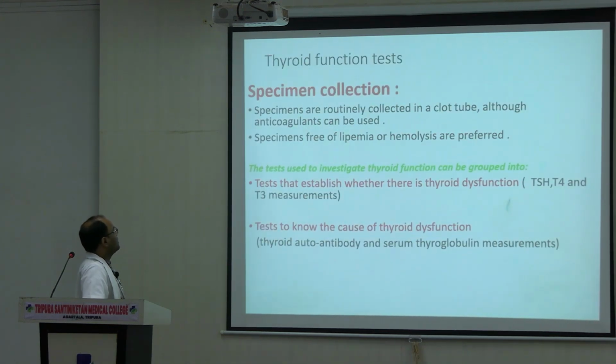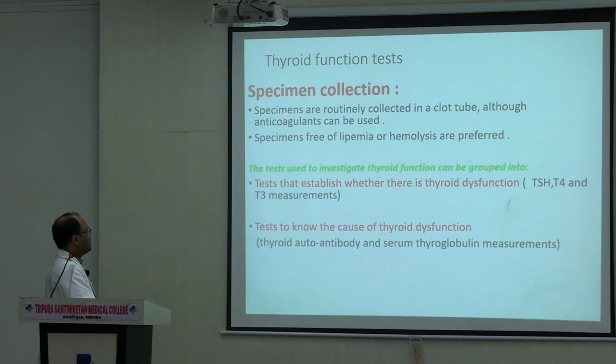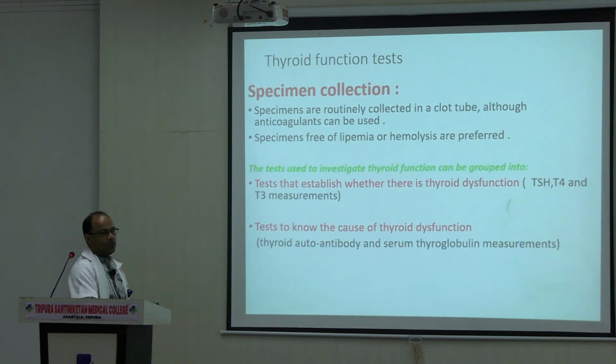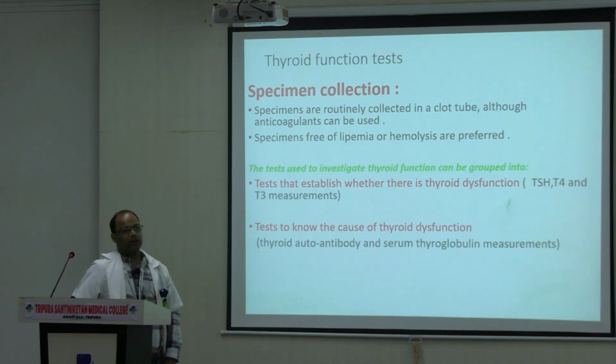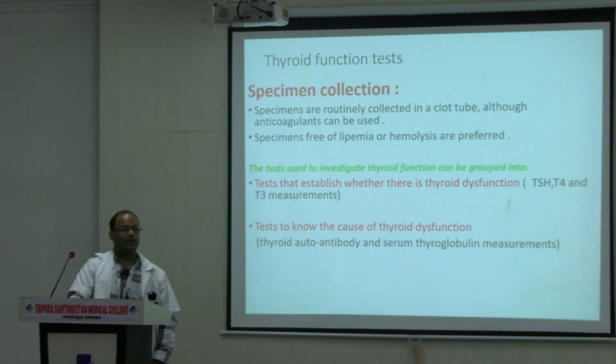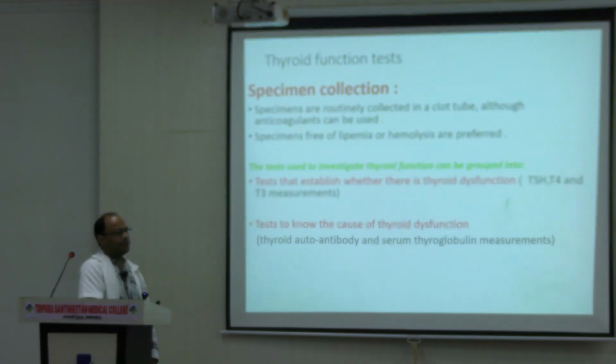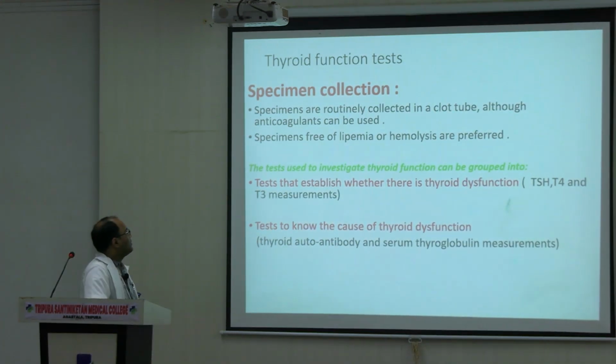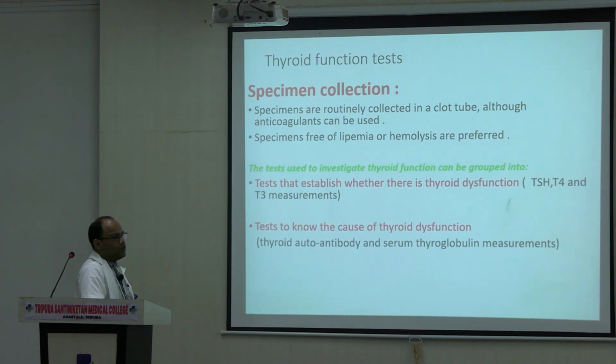So what are those? First one is specimen collection. We collect blood in a plain vial. Clot tube is taken, although anticoagulant can be used. And the specimen should be lipemic free and hemolysis free.